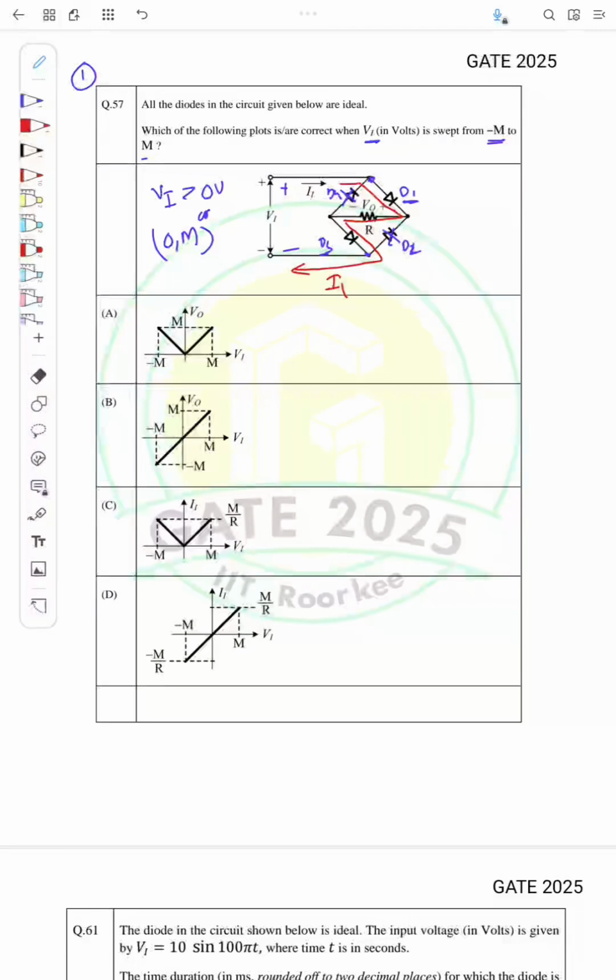Okay, and so we can draw the transfer curve. If this is Vi and this is V0, from 0 to M, what will be the voltage V0? Since this is the flow of current, and since D1 and D3 and all diodes are ideal, we can also draw the circuit like this.